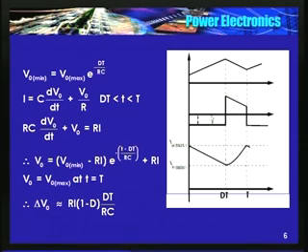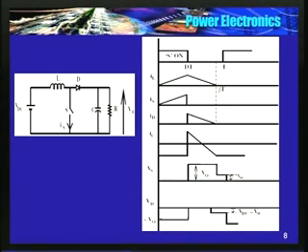Whereas in this case you will find that it is discontinuous conduction. Somewhere at this point, inductor current becomes equal to the load current. Beyond this point, inductor current is less than the load current. Capacitor has to supply the remaining current. So it discharges and continues to discharge till I open the switch in the next cycle.